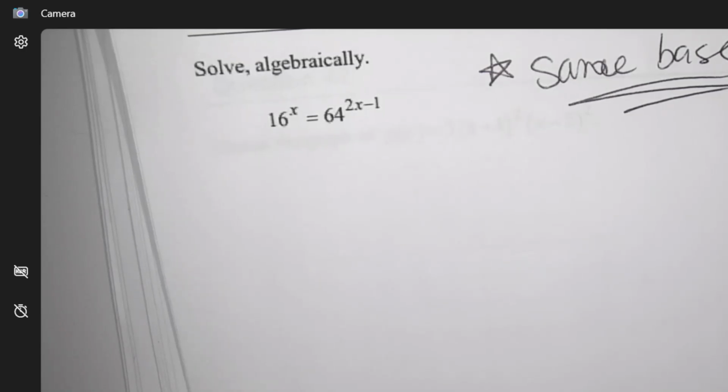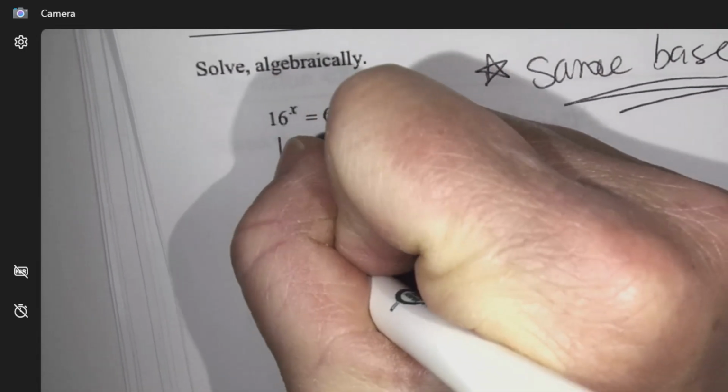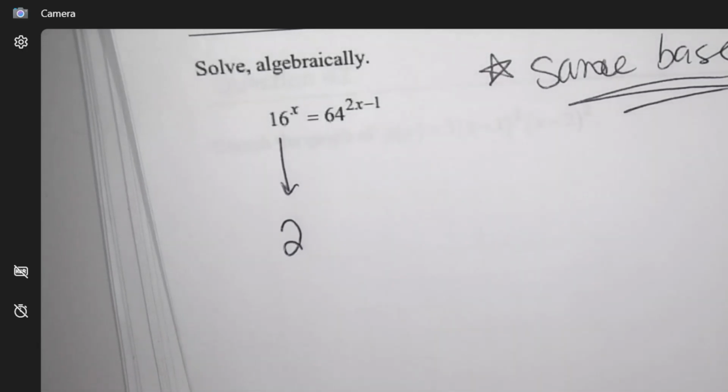Same base strategy. Remember that? Okay, 16 and 64. What kind of base would they have in common? 2. So how many times would I have to repeat 2 to get to 16?